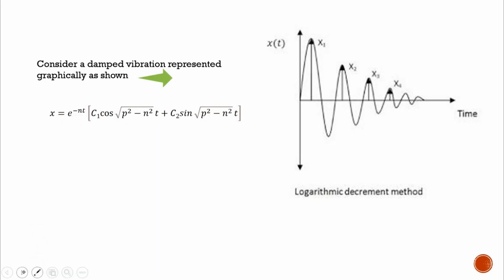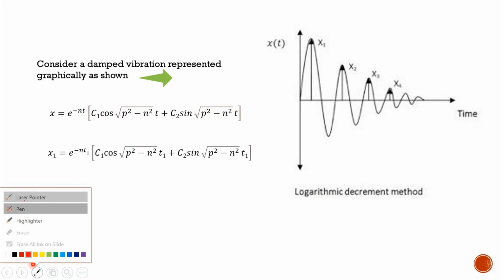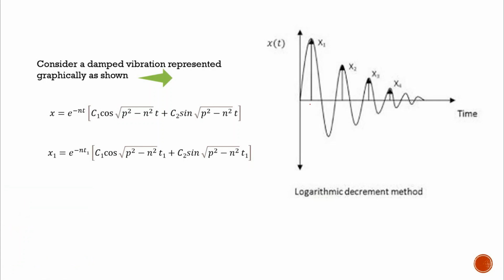So we can say at time t1, the vibration is not starting from this point, it is starting from some other point. The time taken to reach x1 is t1, and the time taken to reach x2 is t2, and we can calculate the time period.